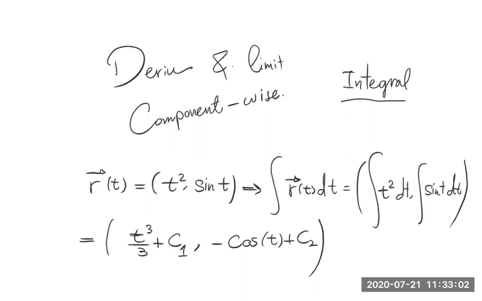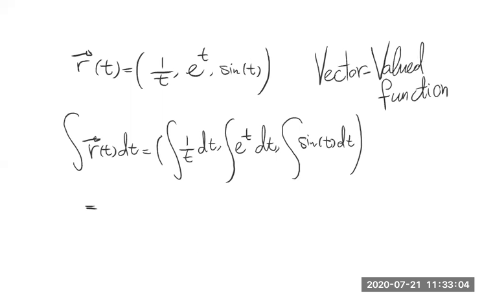So what is the integral of 1 over t? Yeah, almost. It's ln, but not ln of t. Well, there is plus a constant, but there is still a small problem there. It's not ln of t. It's ln of the absolute value of t.